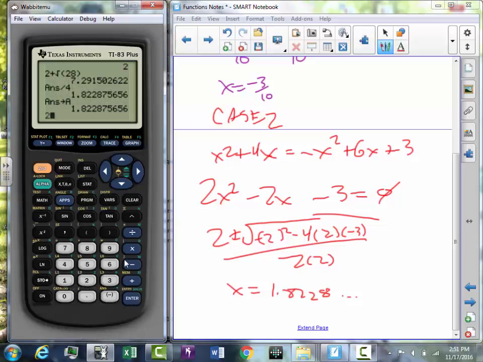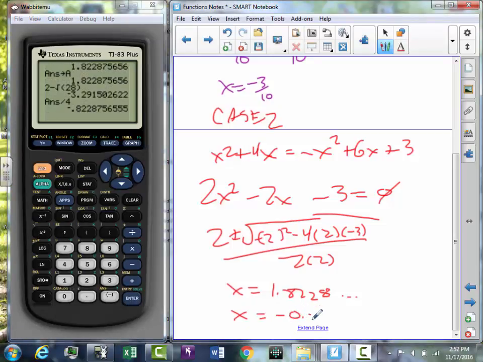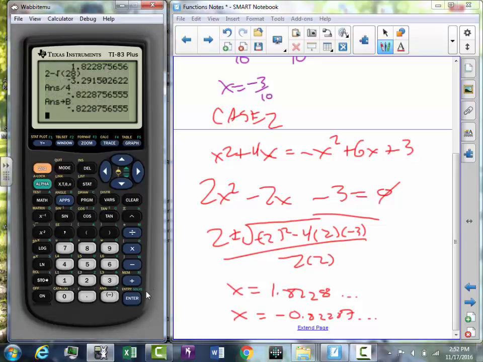And the other one is 2 minus the square root of 28 divided by 4. So the other one was negative 0.82287 something. Store as B. The rest are good? Yeah.